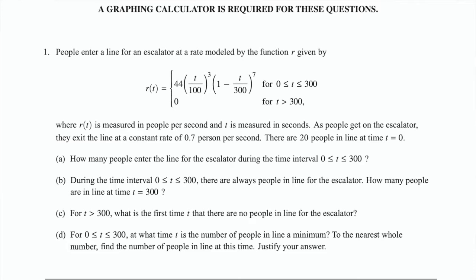Alright, so we're going to start with part A, which says how many people enter the line for the escalator during the time interval of 0 to 300 seconds. So we're looking for people entering the line, which really means we're going to have to use only our rate in and not have to worry about our rate out just yet.